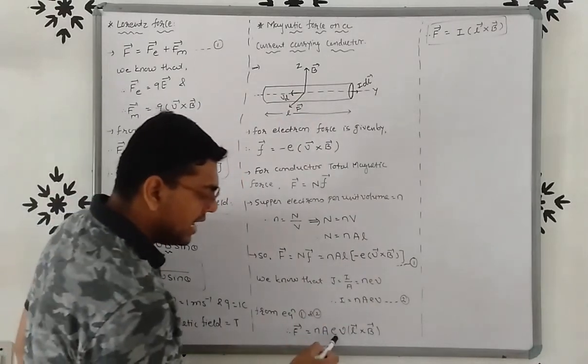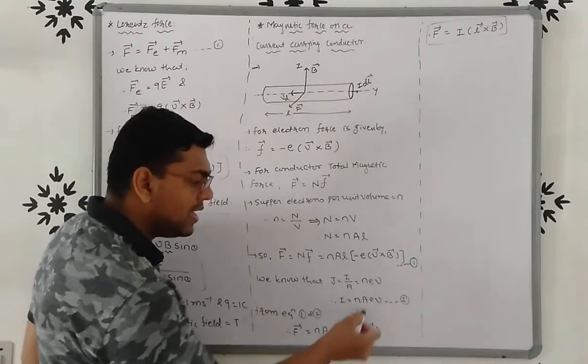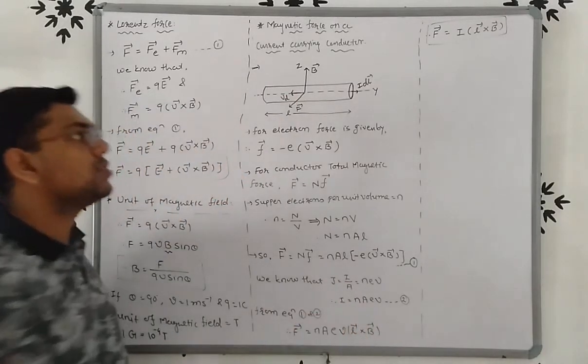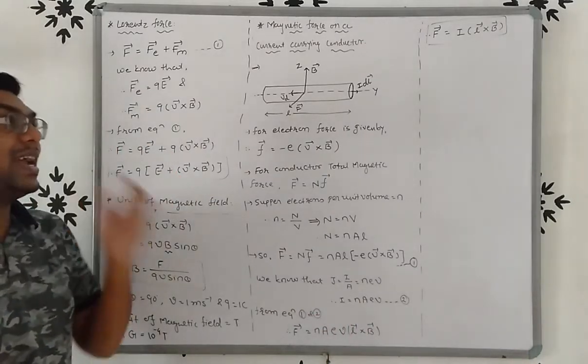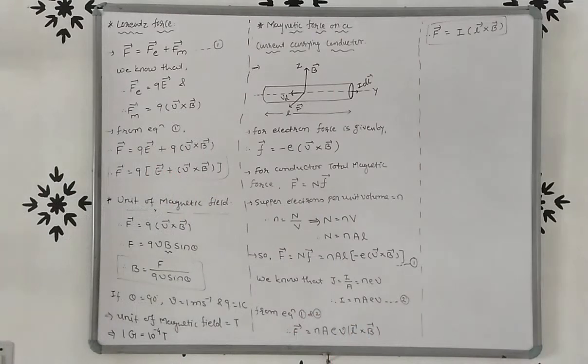So n A e V into L cross B, but n A e V is I, so vector F is equal to I into vector L cross vector B.